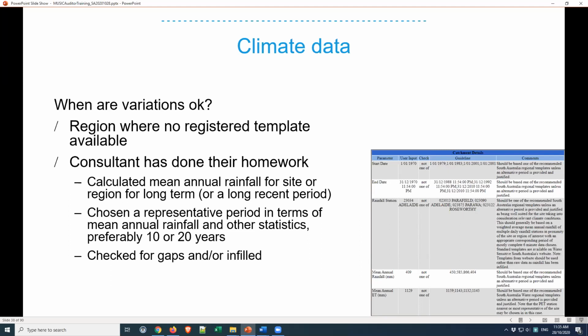And finally, that they've had a look and made sure the data hasn't got 4-month gaps with no rainfall and things like that in it, that they've made sure it's got minimal gaps or that they've infilled it. There's a little more on this in the guidelines that you can refer to if need be.